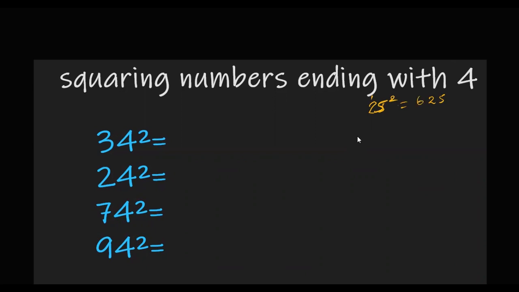So in this situation, if you want to multiply a number like 24, so 24 squared, what you're going to do is, because 24 is 1 less than 25, you first get the square of the number above 24, which is 25, which gives you 625.